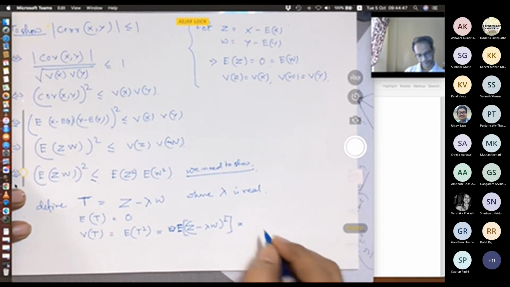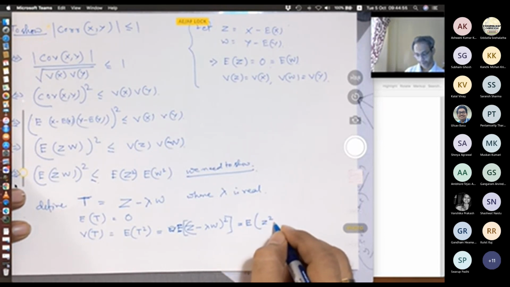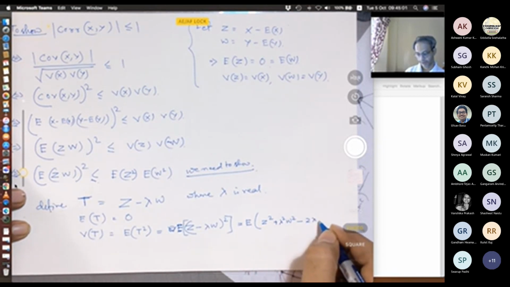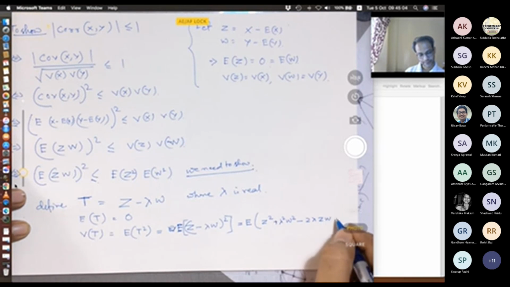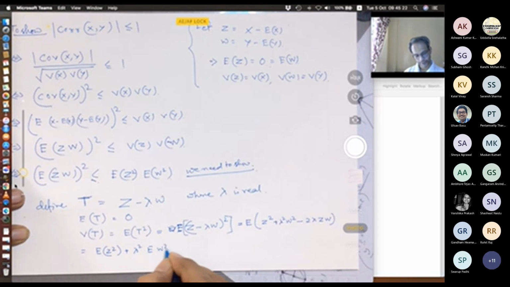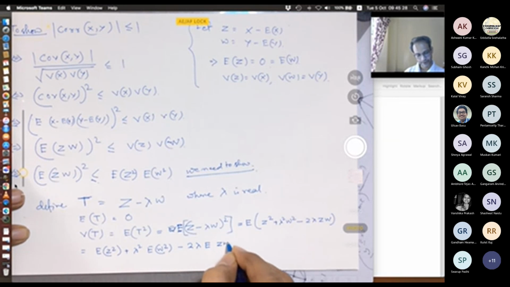And this quantity is expectation of Z square plus lambda square W square minus 2 lambda ZW. I have just expanded the square term. Now you take it term by term: expectation of Z square plus lambda square expectation of W square minus 2 lambda expectation of ZW.